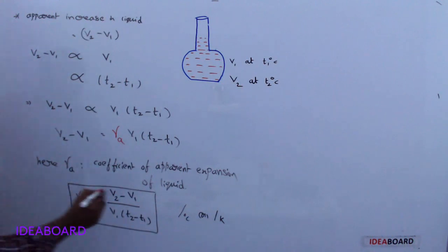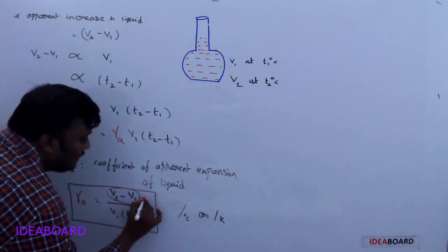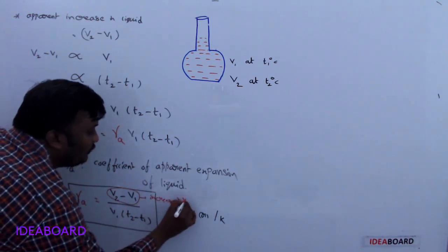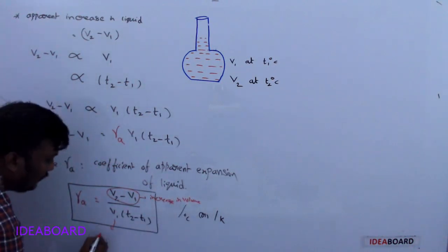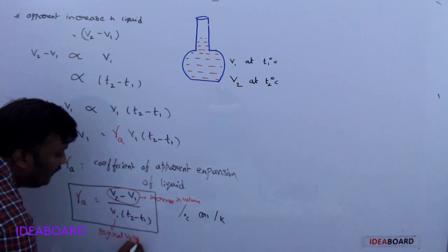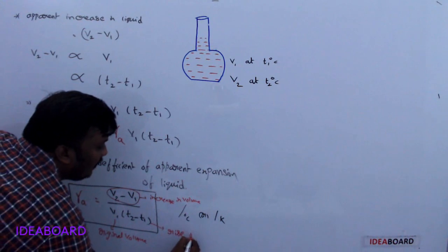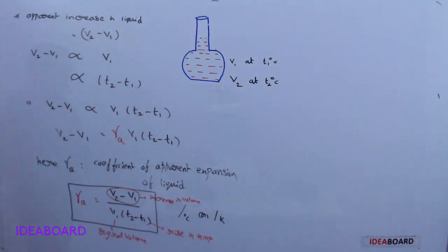Here V2 minus V1 represents the apparent increase in volume, V1 is the original volume of liquid, and T2 minus T1 is the rise in temperature. So we may define gamma A now.